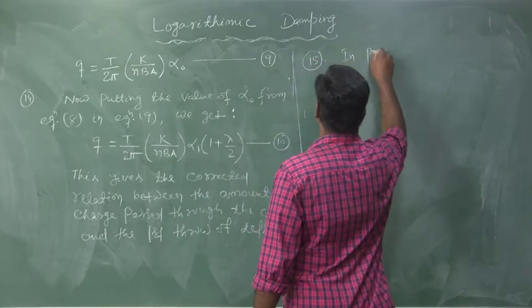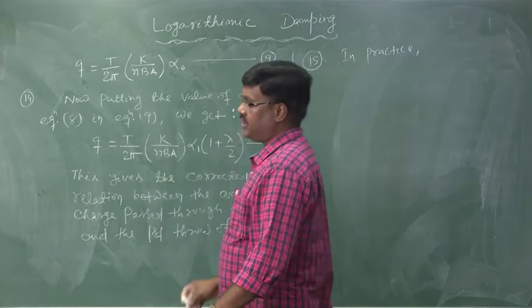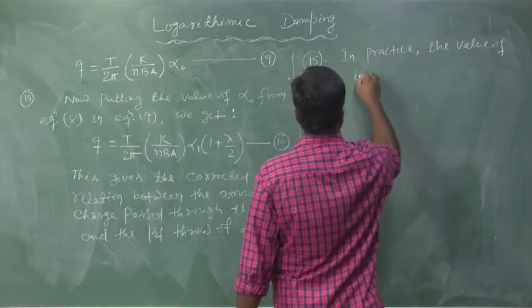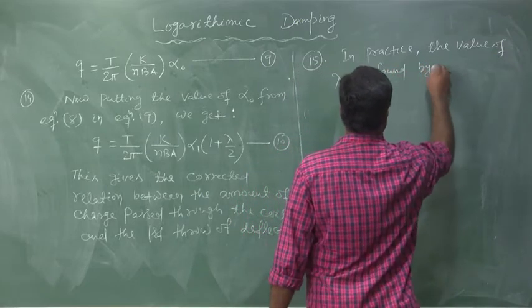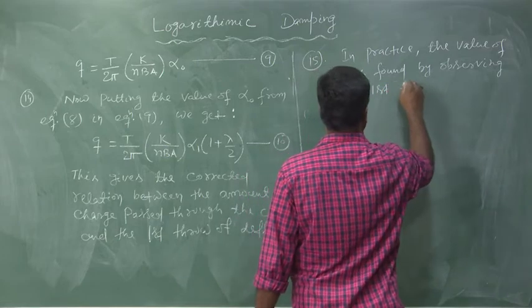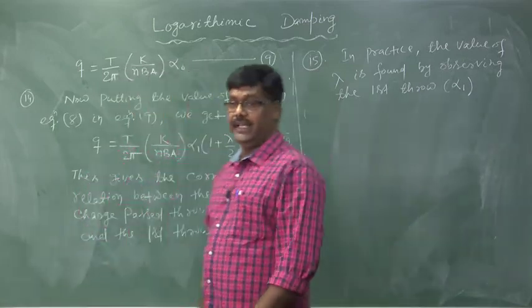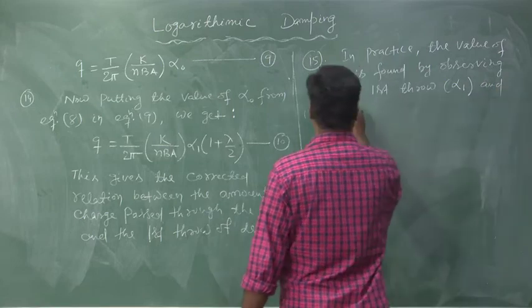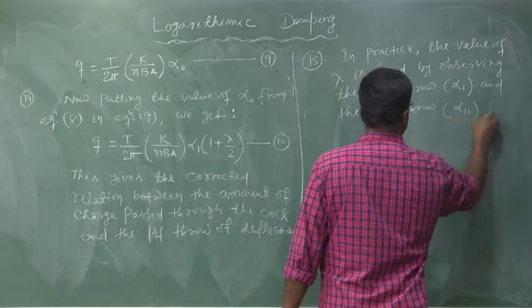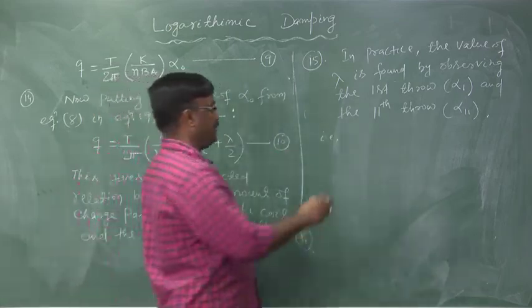In practice, the value of lambda is found by observing the first throw alpha 1 and the 11th throw, that is alpha 11.